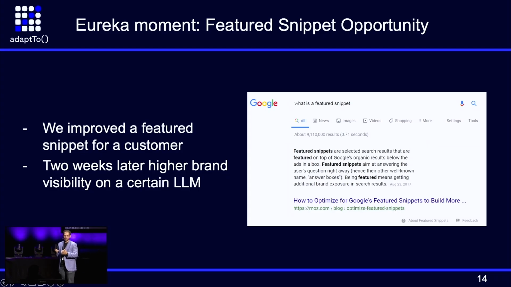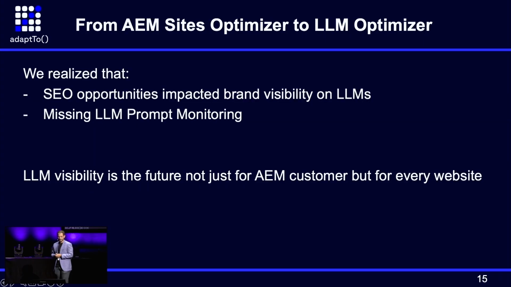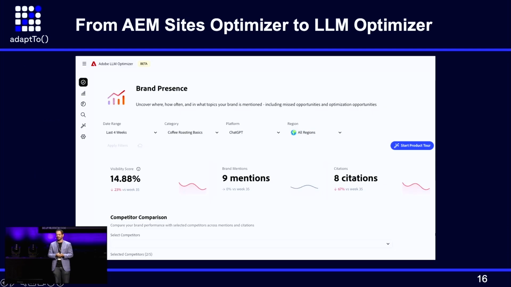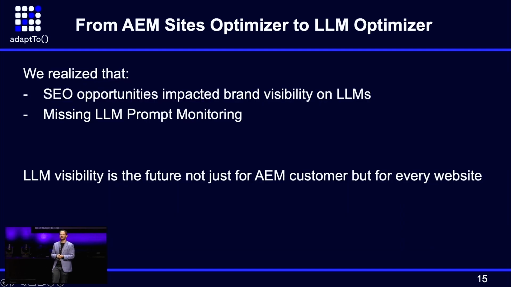And now this has changed with AI mode, but we were able to get a very competitive term being shown here for our competitor. And 2 weeks later, the customer came to us and said, hey, we're actually getting a lot of referral traffic from a leading LLM tool. And then we noticed that SEO opportunities actually had a direct impact on brand visibility.